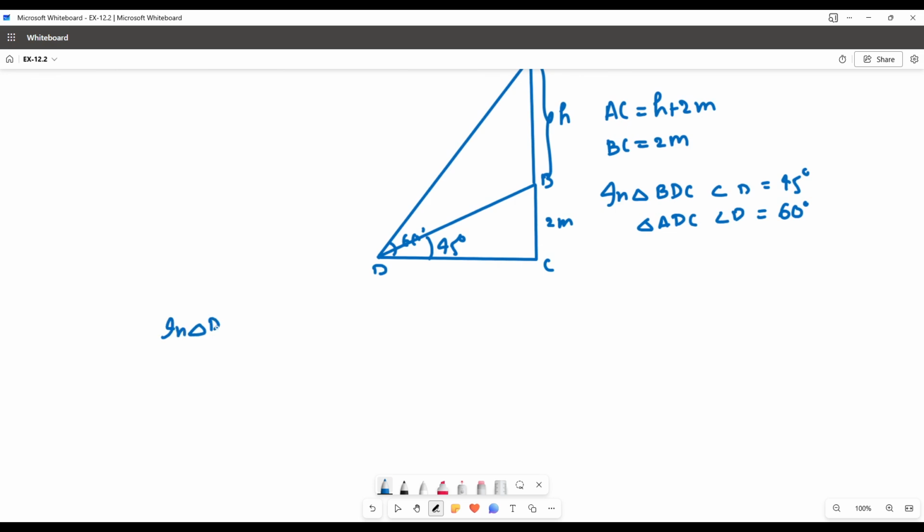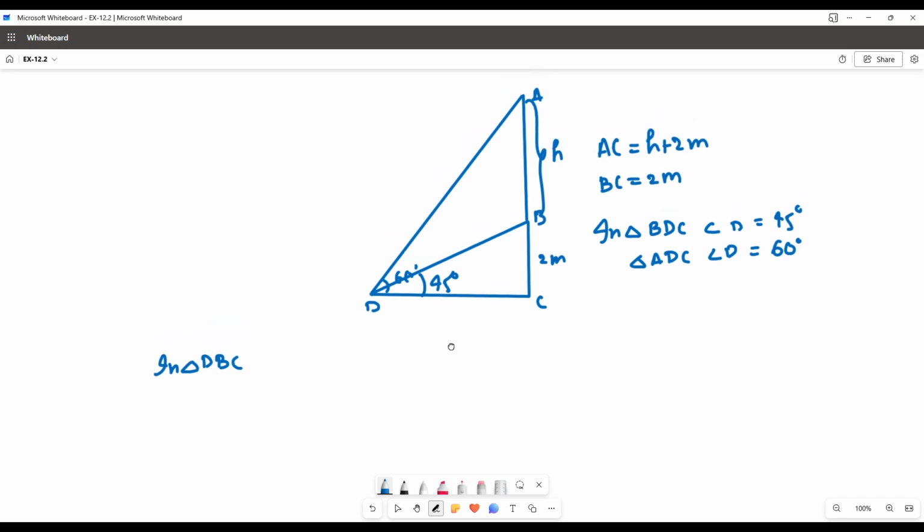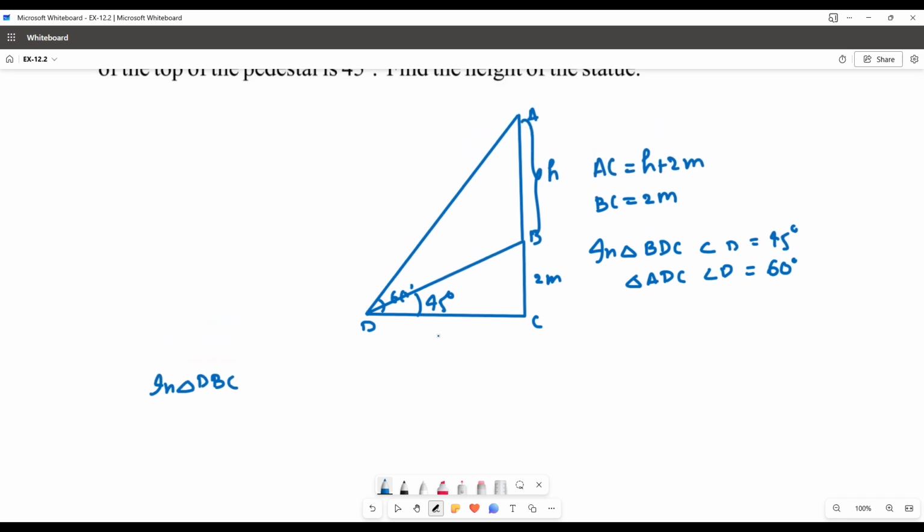In triangle DBC, to find the length of h, let's find the length of DC, so that we can use tan to find the length of the opposite side, that is the opposite side of 60 degrees. So let's use tan D, where the opposite side is BC and the adjacent side is DC.